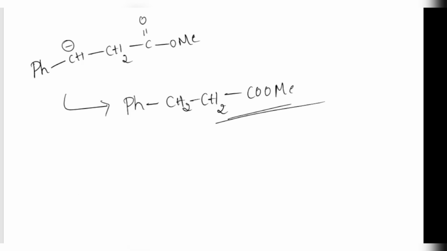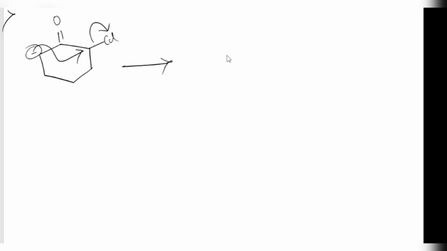Then again a different example, suppose we want to take cyclohexanone like this, with the alpha chlorine. Here also we will get, this is a different example, a negative charge generated over here, correct, and again this negative charge will attack this particular carbon, and the leaving group will leave, and finally we will get a three-membered ring.